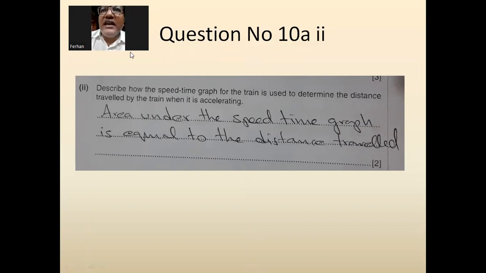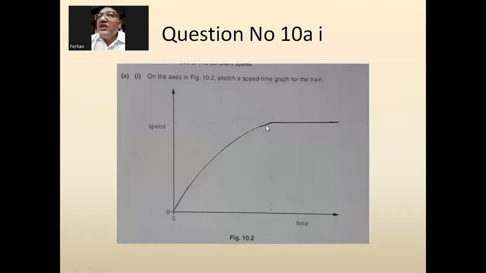Here add a sentence: find the area under the decreasing curve. Okay, because when the graph became flat, the train started moving with constant speed, and they are asking about when it was accelerating. So when it was accelerating, you have to find this area, not this area.